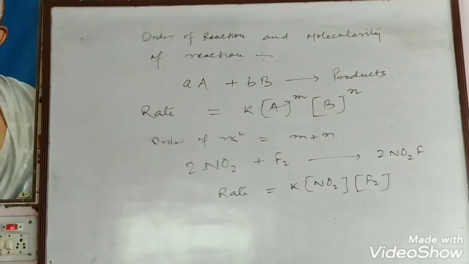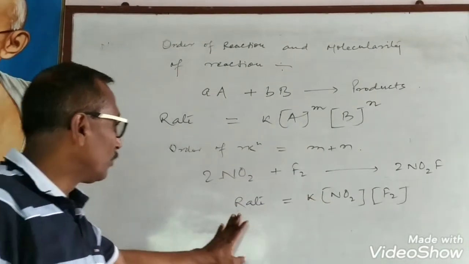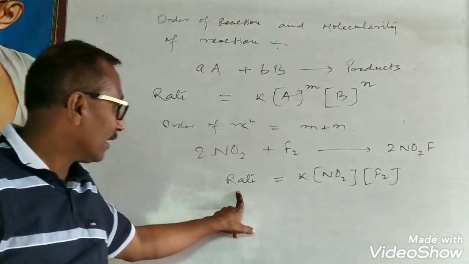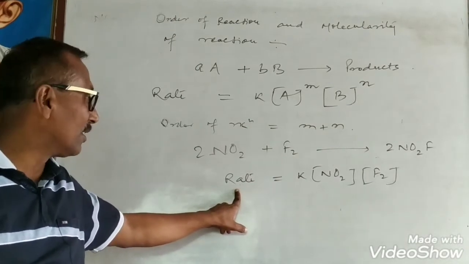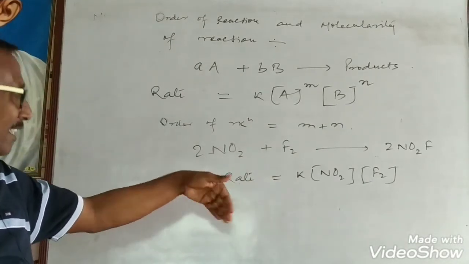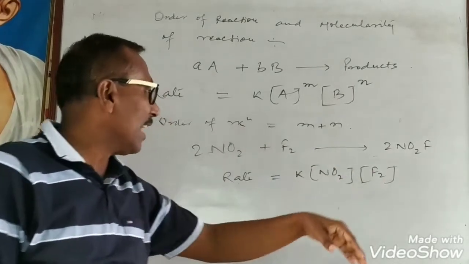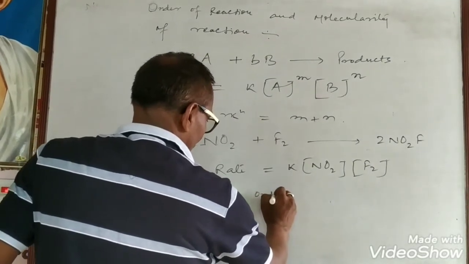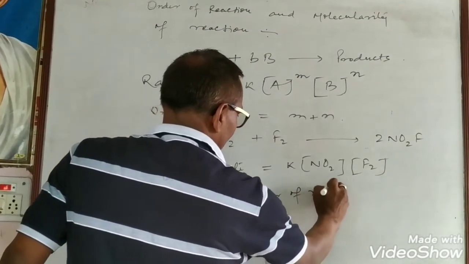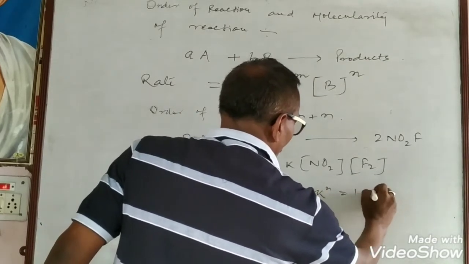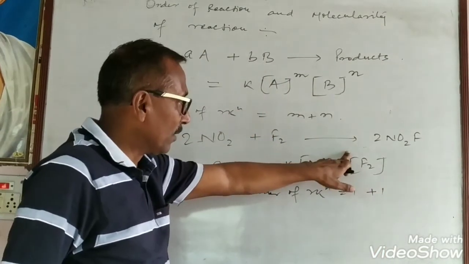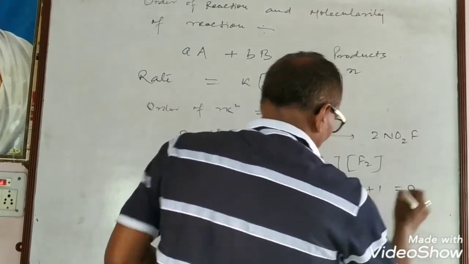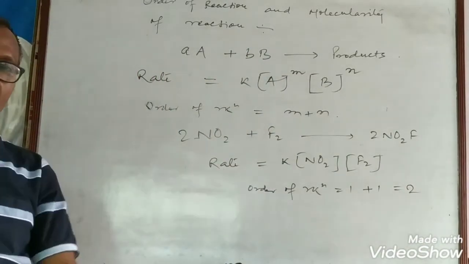What does it mean? If you have to know the order of reaction for this reaction, then we have to consider this rate law, because this is obtained from the experimental part of this reaction. So here the order of reaction is equal to 1 plus 1. It has power 1, and this also has power 1. So 1 plus 1 is equal to 2. This is a second order reaction.